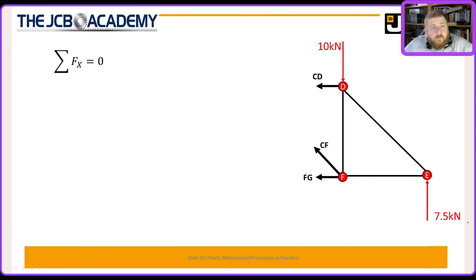Sum of the horizontal forces is equal to 0. Looking at this, CD is horizontal, pointing to the left. FG is horizontal, pointing to the left. And the horizontal component of CF is also pointing to the left.